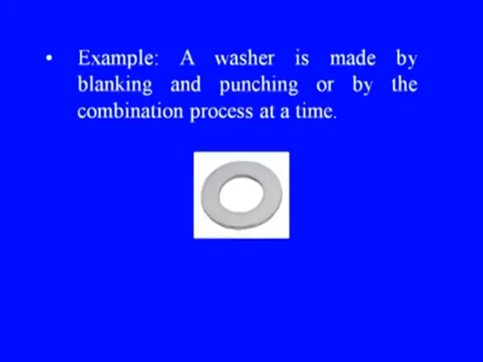Thus, the sheet with the pierced hole becomes the useful part. An example for this process is a washer, which is made by blanking and punching, or by the combination of the processes at a time.